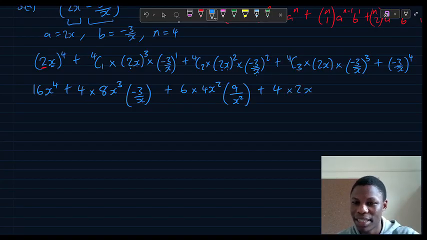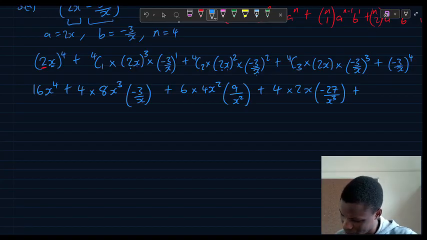And then here we've got negative 3 cubed, so negative 27, over x cubed, and plus negative 3 to the 4. I think that's 81. Yes, that's 81. And this is over x to the 4.